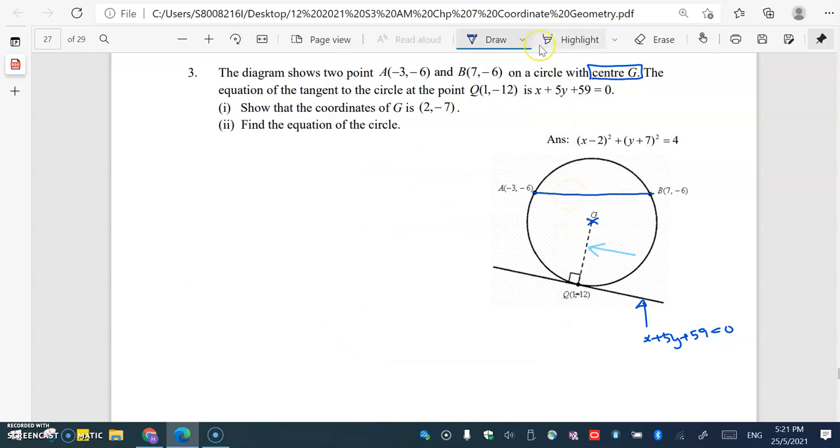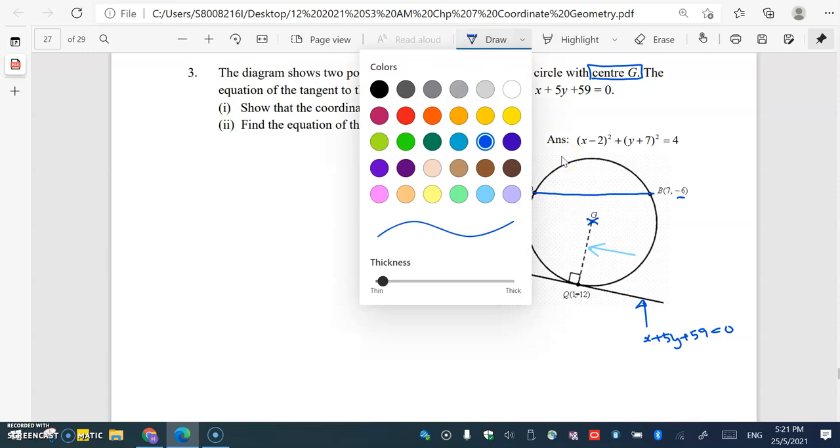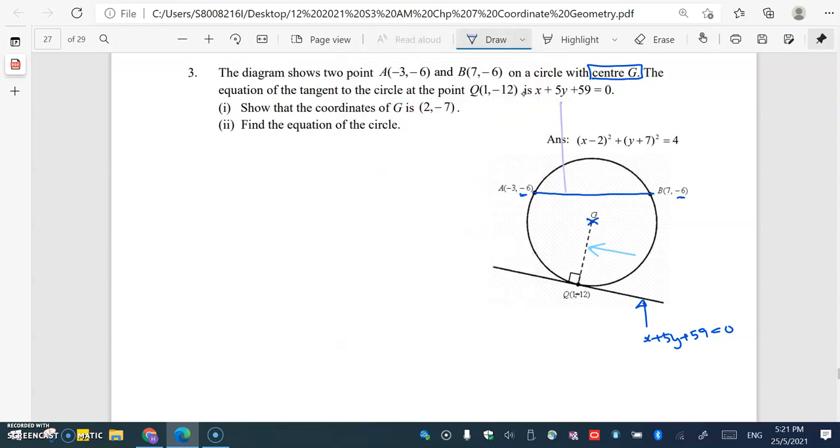In fact, if you look at the coordinates of your A and the coordinates of your B, you will see something unique. This one, negative 6. This one, negative 6. If I were to draw in my x-axis, it will look something like this.